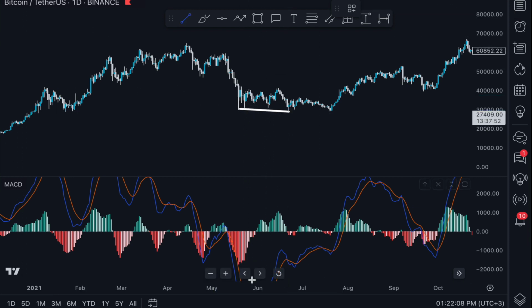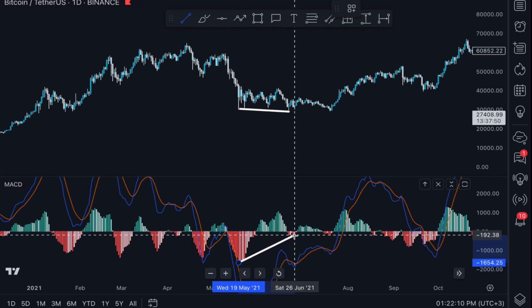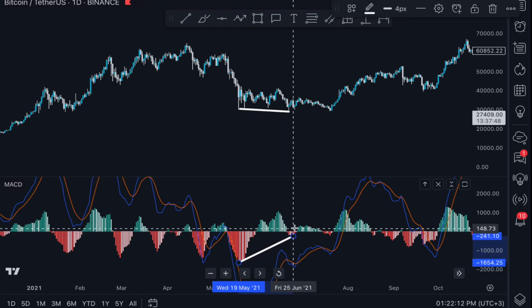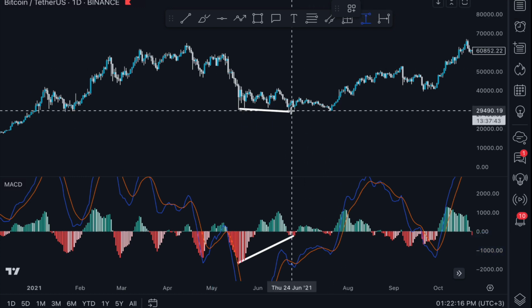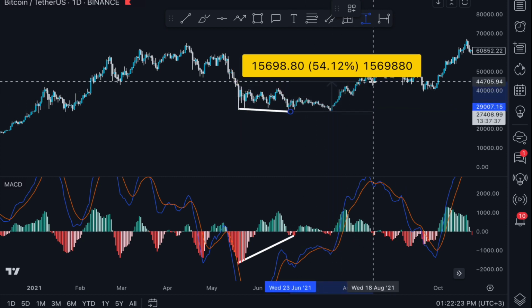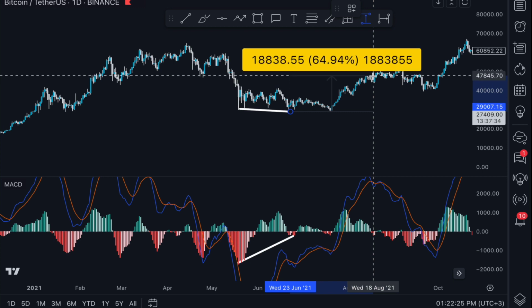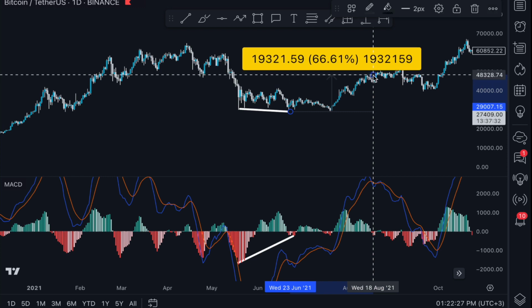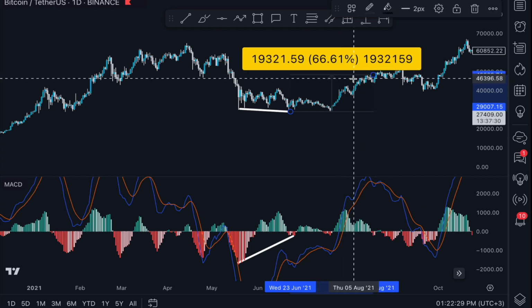At the same time, we had higher minimums on the indicator. In the end, if you decided to open a long position after seeing this bullish divergence and, for example, fixed your profits with the next red bars on the histogram, you could get even more than 66% profit.